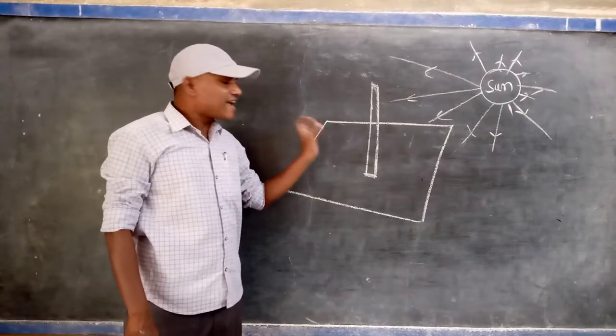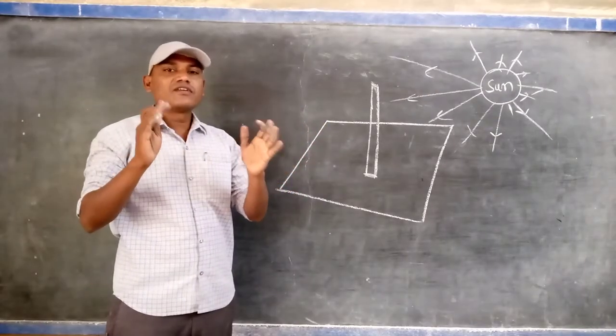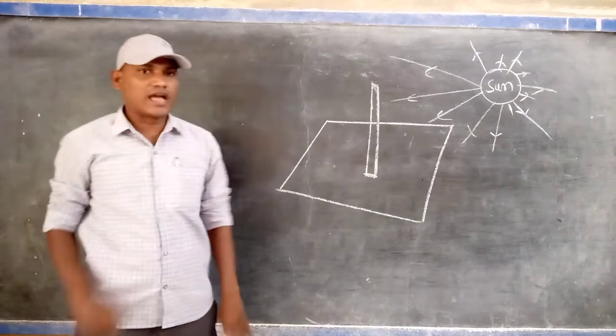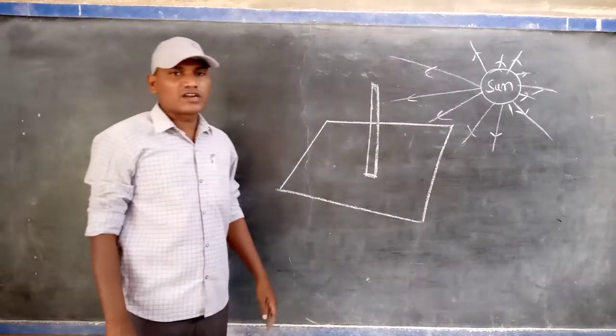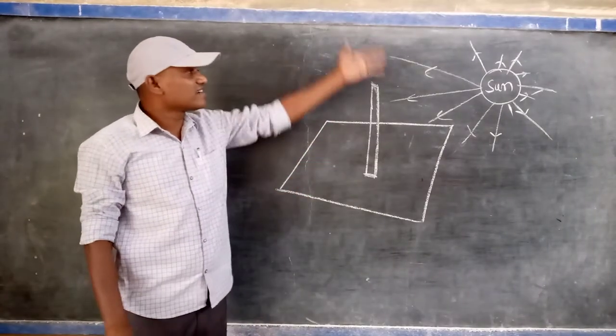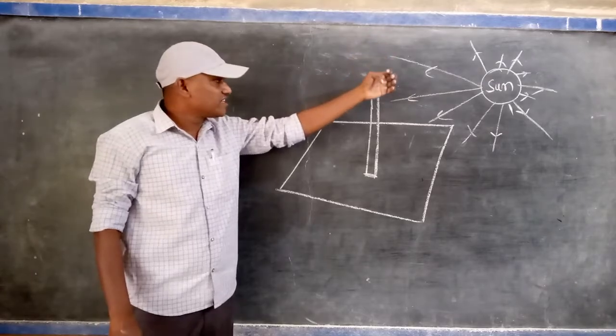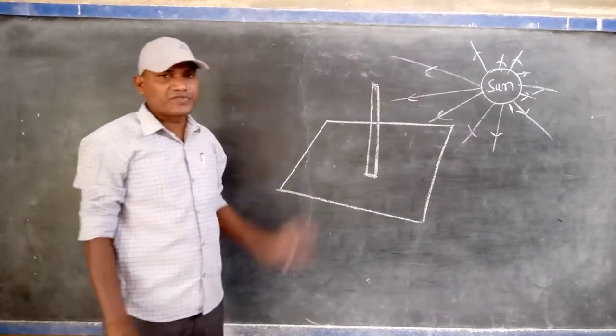This activity can be done from morning 9 to 4 o'clock. At 9 o'clock we start the experiment. We know that the sun rises in the east and the light enters the surface of the earth.